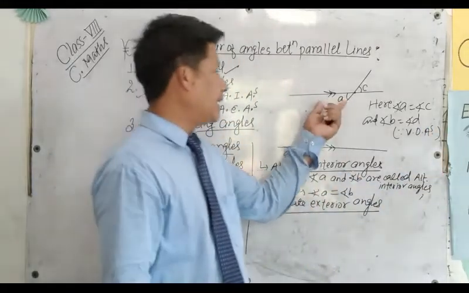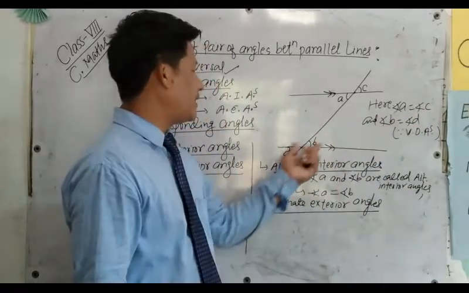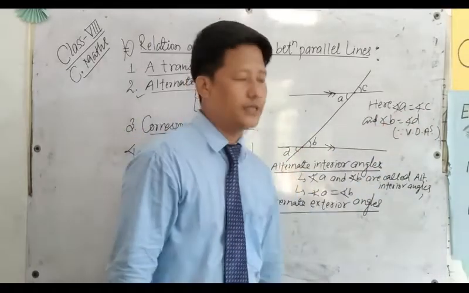Angle A and angle C are vertically opposite angles. Similarly, angle B and angle D are also vertically opposite angles.